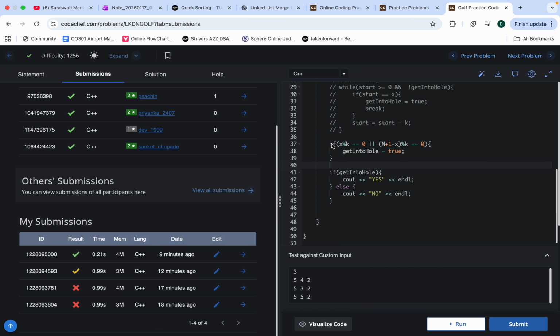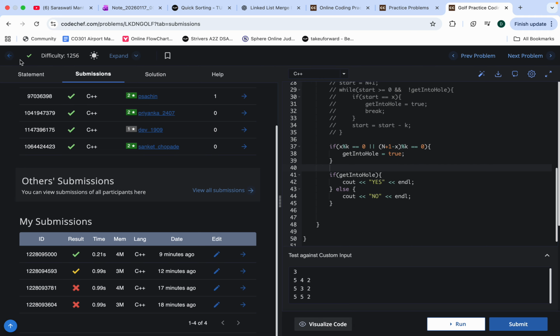Then I wrote this simple one-liner: if x is divisible by k, the answer is yes, or if n plus 1 minus x is divisible by k, then it is also true and the ball gets into the hole. A true value gives yes, and otherwise it is false.